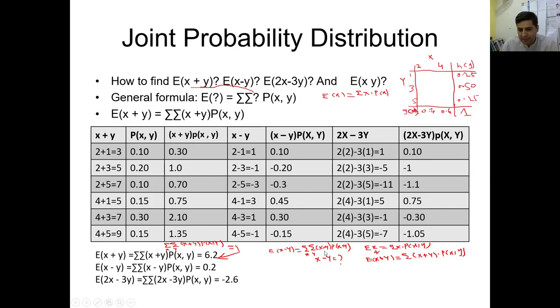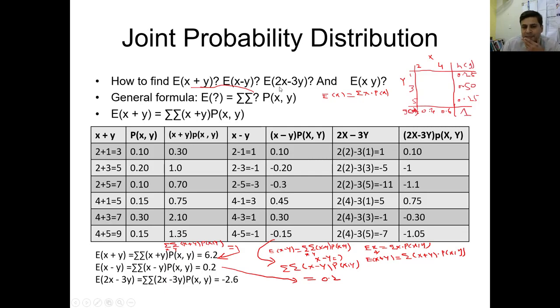When you sum this whole column, it will be summation x minus y into pxy, which is 0.2. In this way you can easily calculate these joint probability distribution means.